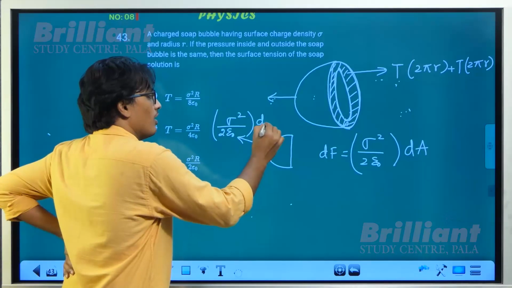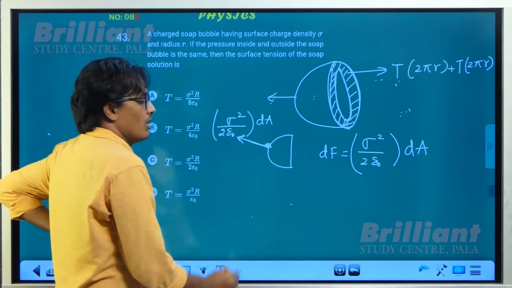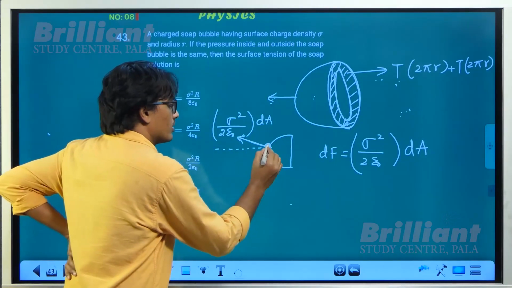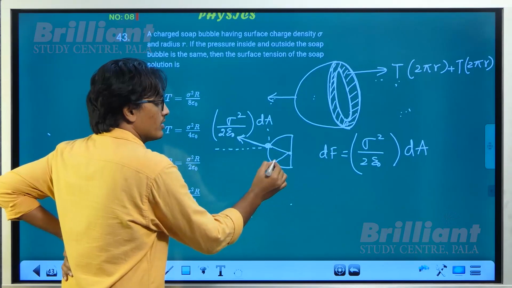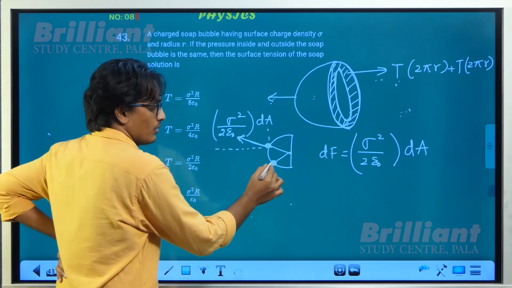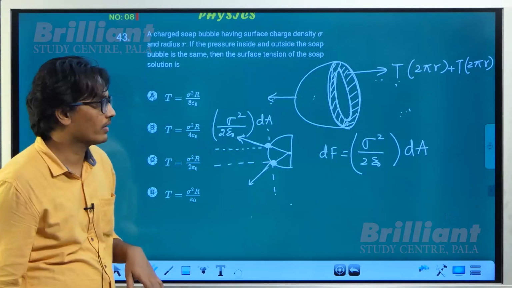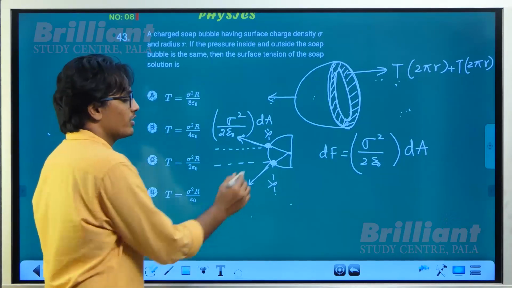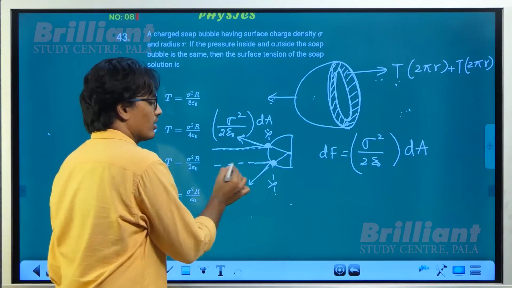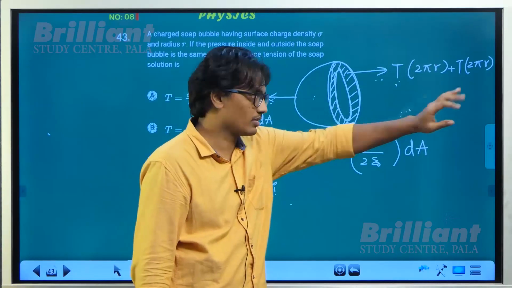So this is the small repulsive force in this direction. Now if you divide this into components, similarly at this point this force will have horizontal and vertical components. The vertical components get cancelled, so there is only force in the x direction. This force in the x direction will balance the surface tension force.